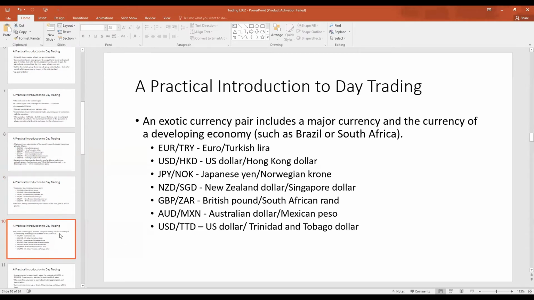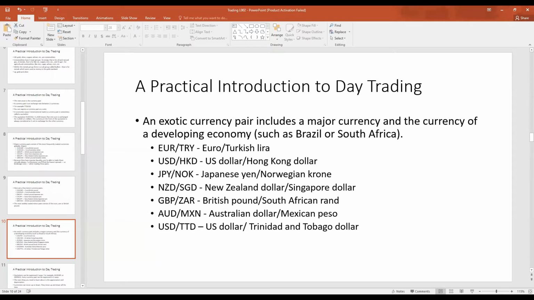Exotics is the third category of currency pair. These are currency pairs that include the currency of a developing country. For example, we have the Euro TRY, that's the Euro Turkish Lira. We can have the USD HKD, that's the US Hong Kong dollar. We can have the JPY NOK, that's the Japanese yen, Norwegian krone.